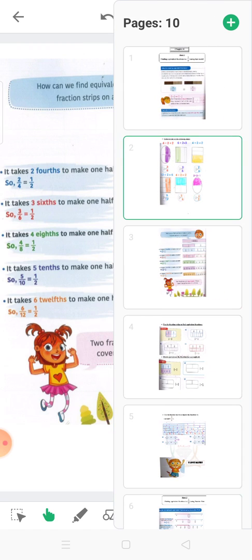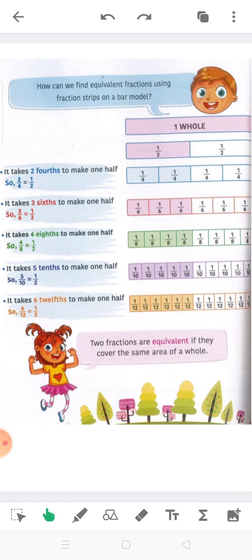Let's see the next. How can we find the equivalent fraction using fraction strips on a bar model? This represents one whole. This represents one whole. And I will cut the one whole into 2 equal parts, so each part represents a half.